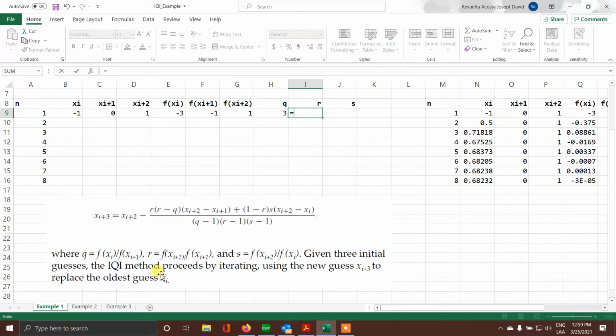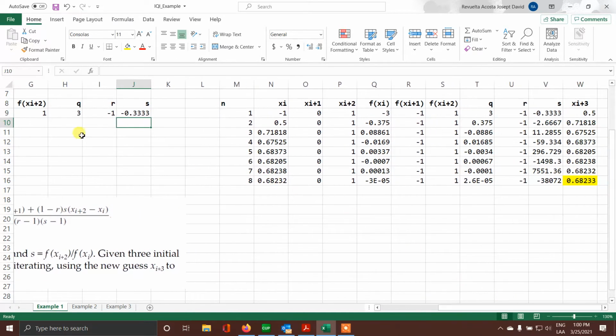And then S is going to be equal to f(xi plus 1) divided by f(xi), this one. So if you see, the numbers are exactly the same. So it's 3, -1, and minus 0.333333. Okay? The only thing that we need to calculate now, I think I forgot one of these. Yeah, I didn't copy this one.